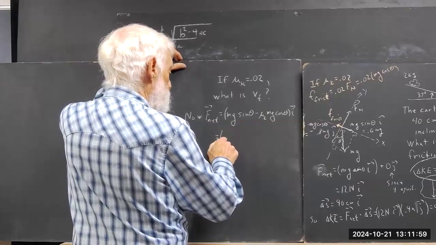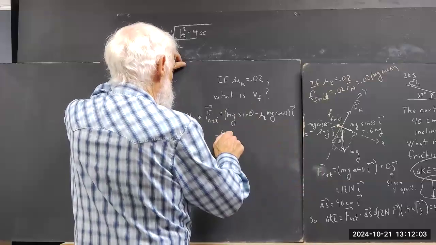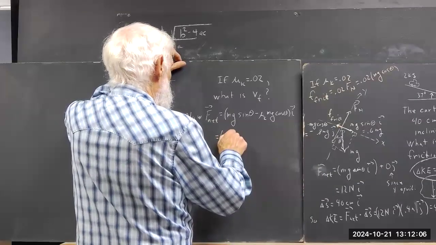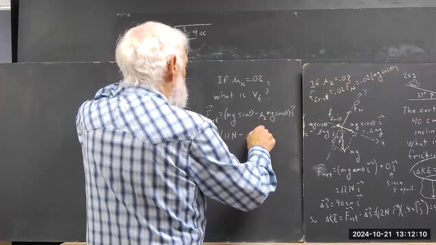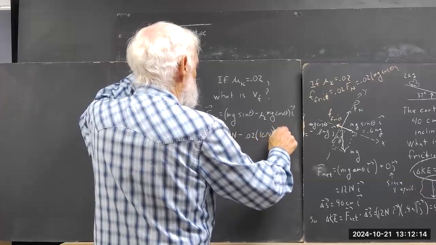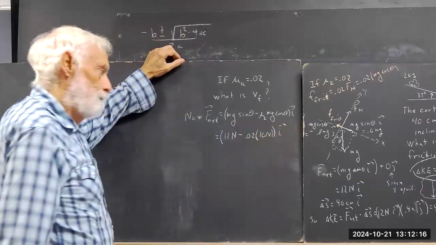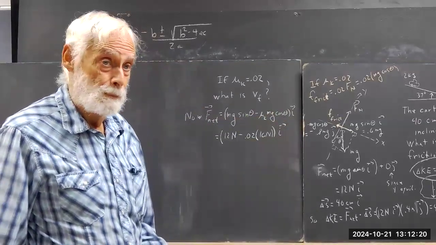And you got that 2 kilograms. Okay, so that's going to be 12 newtons minus 0.02 times 16 newtons times i. And the 16 newtons is just your mg cosine theta.